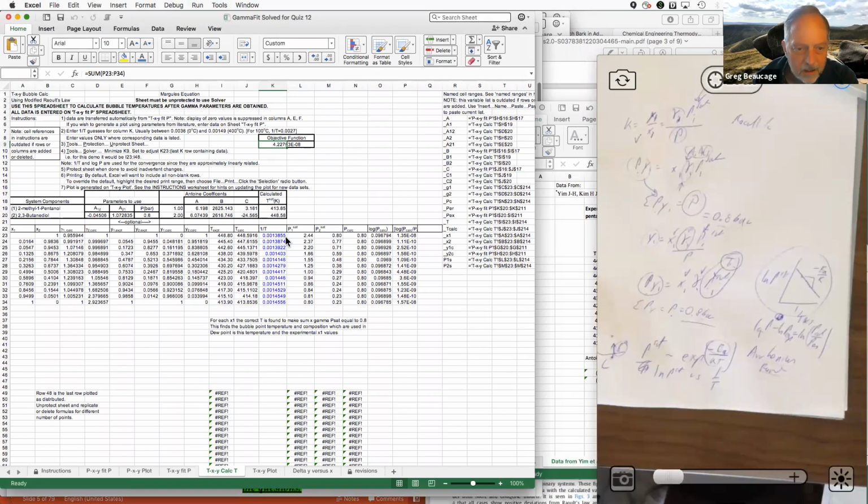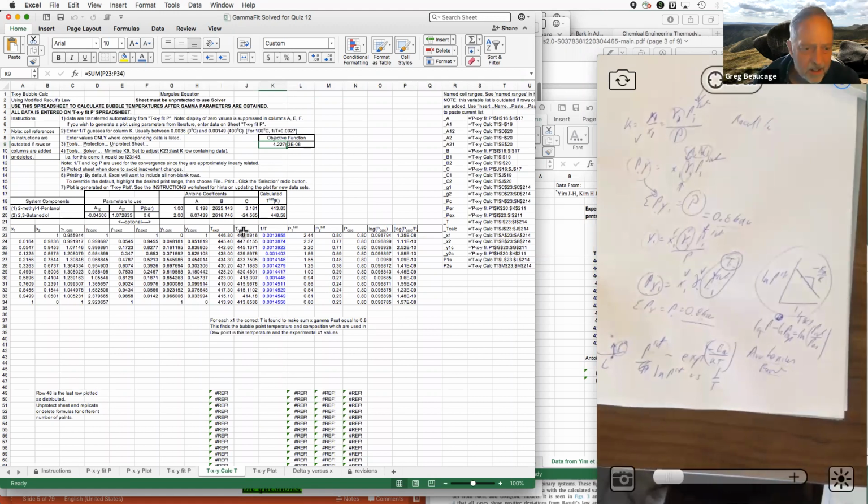So each of these is going to be really close to 0.8 because it's really doing each of these independently. It can get this to 0.8 almost exactly, like 10 to the minus 8. So these aren't linked. These are just independent numbers. So it's going to generate T calculated values that are independent of each other, and it'll solve all of it at once.